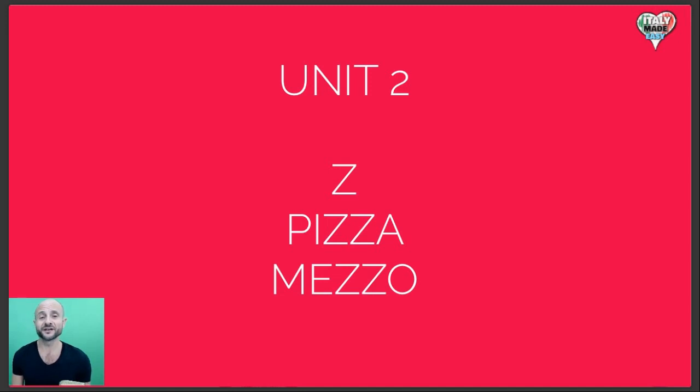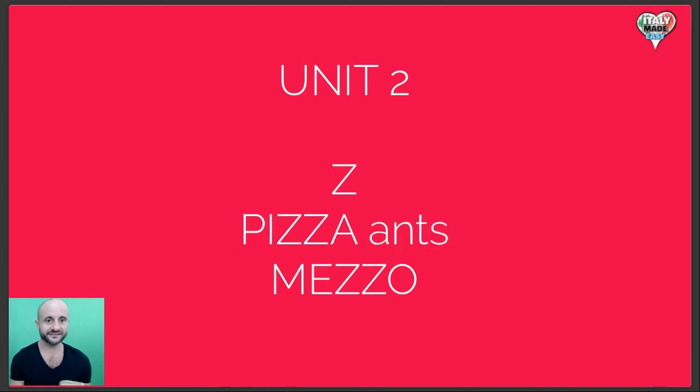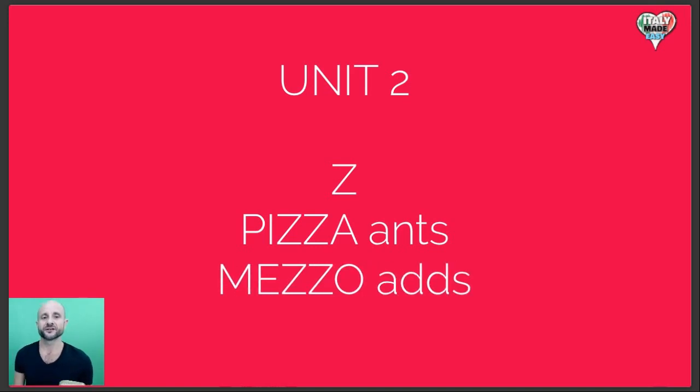Pizza, ts, like ants, and mezzo, like eds. So in Italian, you have two sounds for Z, ts and dz. And we'll cover when to use each, okay? Colibri, hummingbird, perfetto.